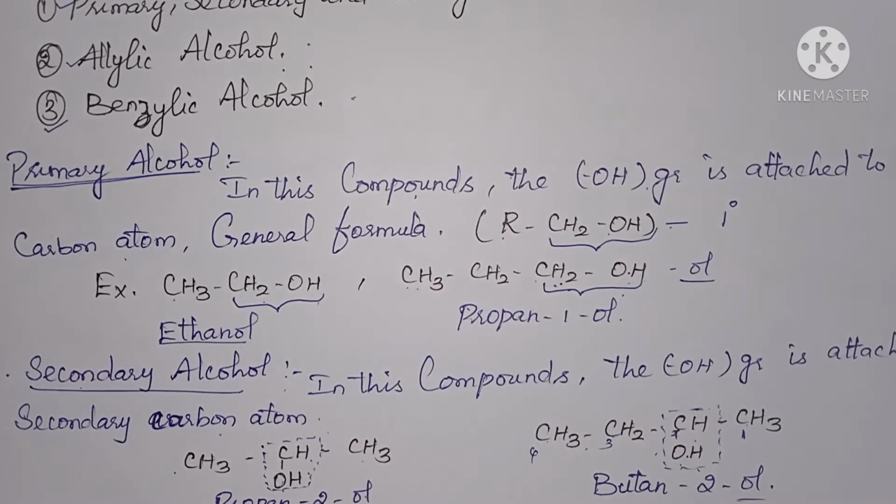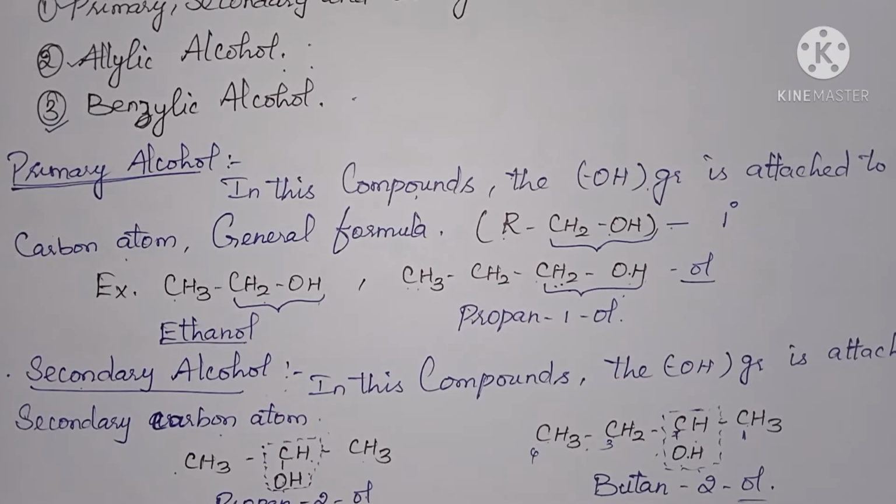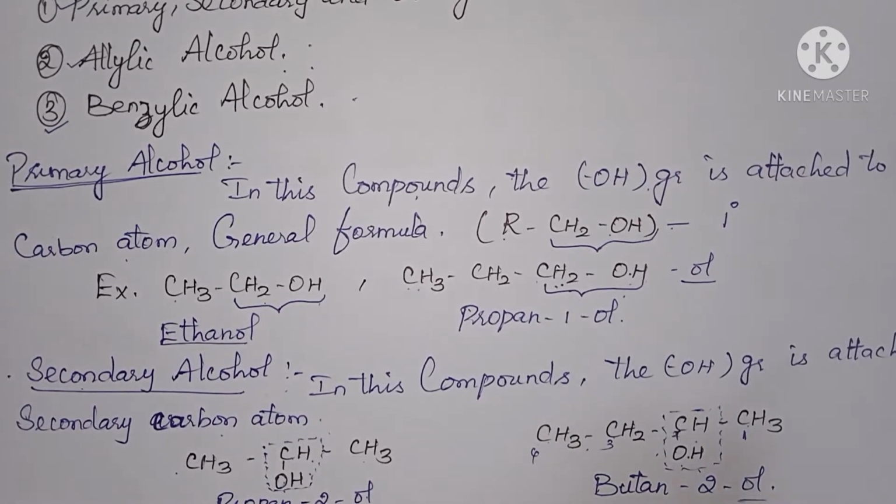First, where is the functional group? Whether it is on the first carbon, second, third or fourth carbon. First you have to give priority to the functional group only. Next, the number of carbons, that is the parent chain. Then after that you identify the naming system. Hope you got that.